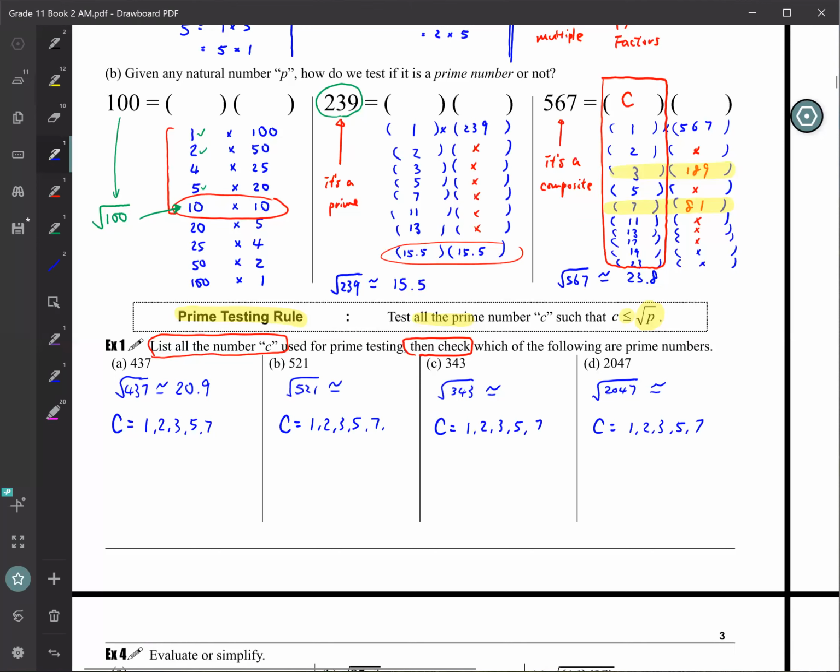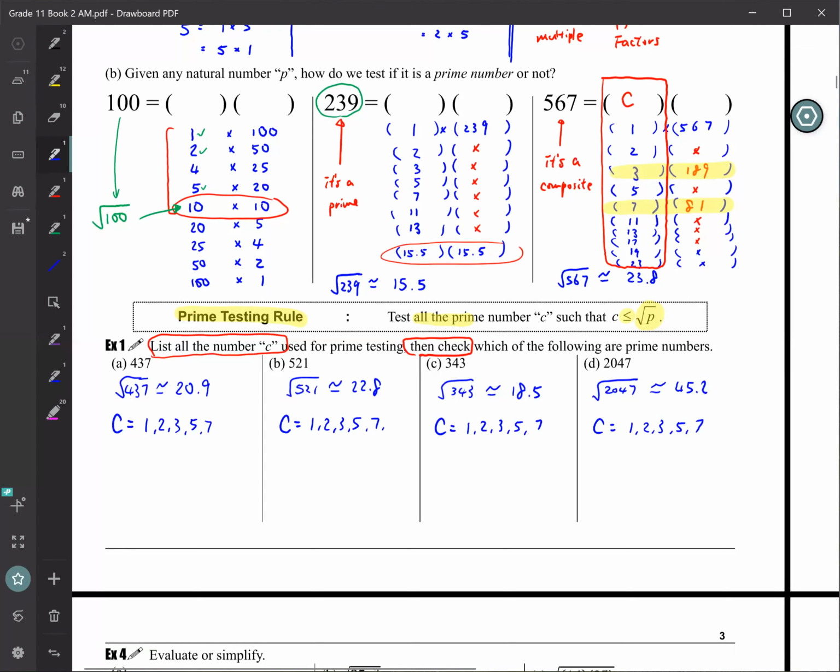And Brennan, for question B, what's the square root of 521? 22.8. Okay. And Colin, next one. 18.5. Eric, last one. 45.2. Okay.